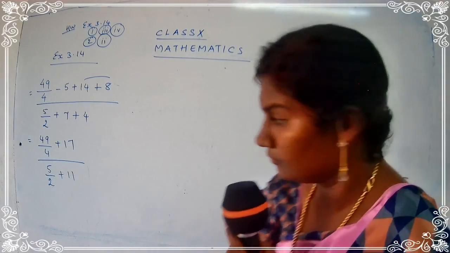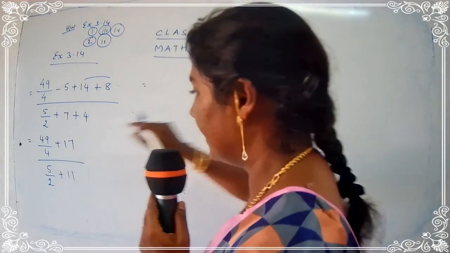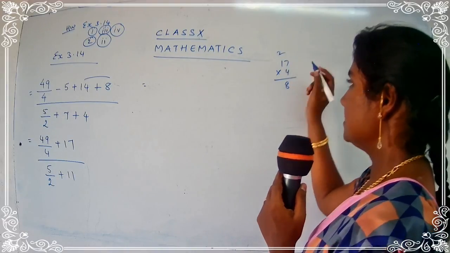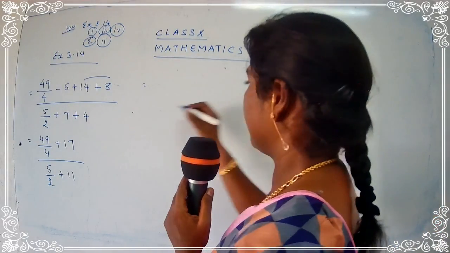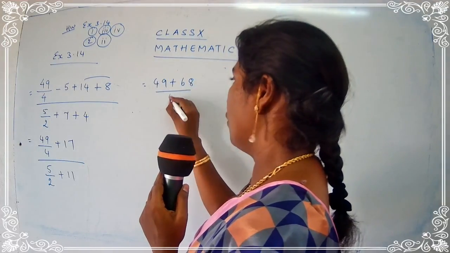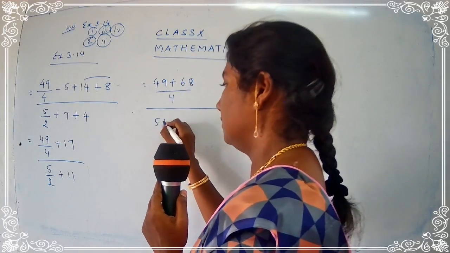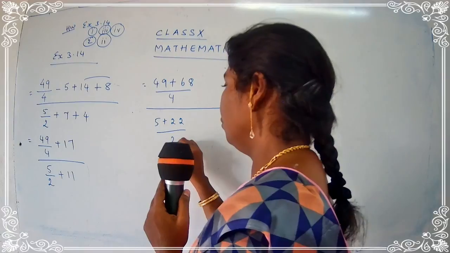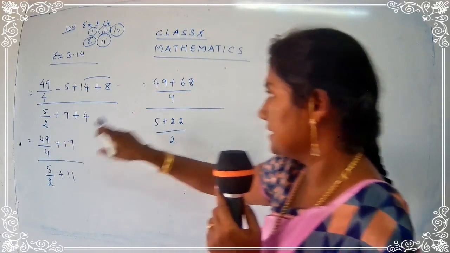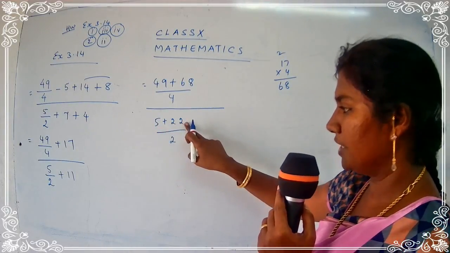Okay, so write down. So let's cross multiply, children. So what do you get? 49 upon 4 plus 17, yes? So multiply 17 fours are. 7 fours are 28, 6. So 68. 49 plus 68 upon 4 upon 5 plus 22 upon 2. It's cross multiplication. 49 plus 68 upon 4 upon 5 plus 22 upon 2.